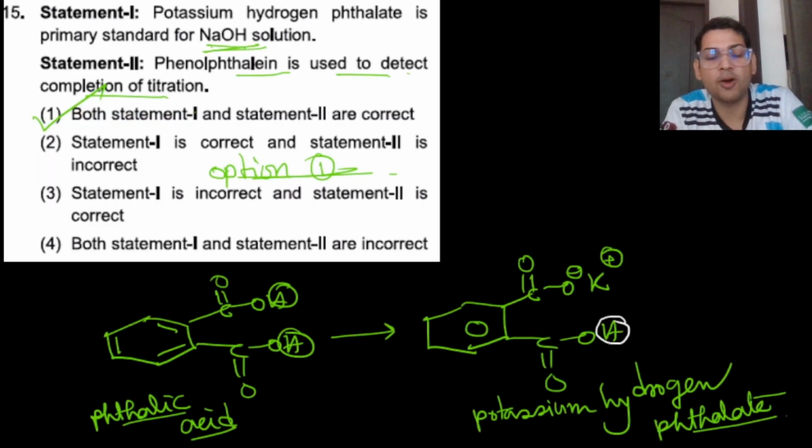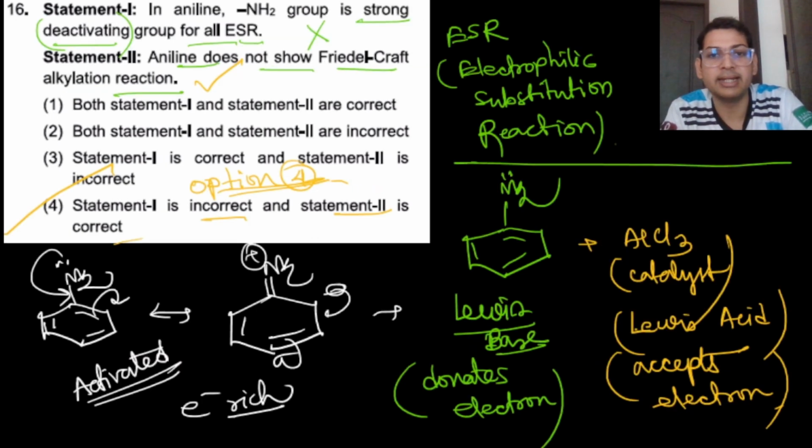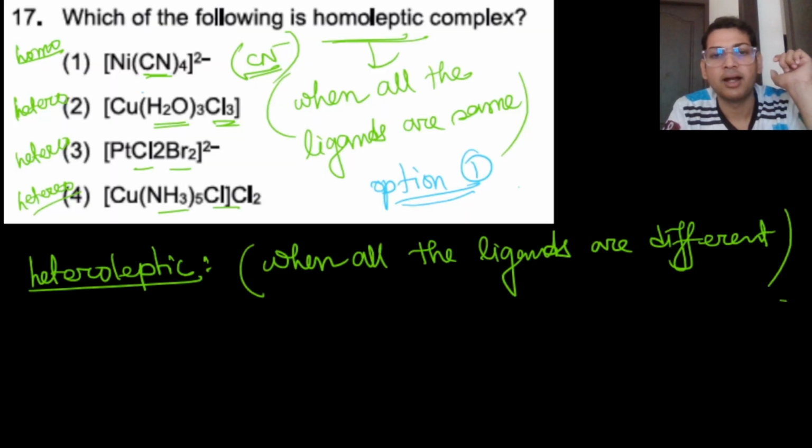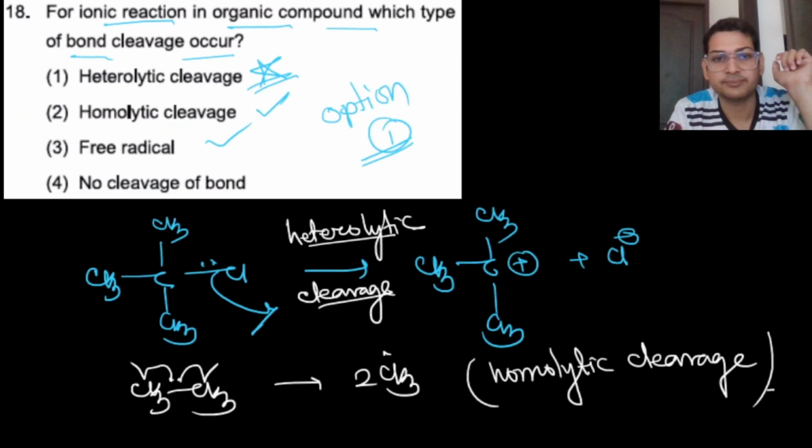Then acid base ionic equilibrium chapter, done. Then aniline chemistry and Friedel-Crafts reaction, that aniline does not participate in Friedel-Crafts. Nitrobenzene also does not participate in Friedel-Crafts, right? This is done. Then homoleptic heteroleptic from coordination complex, done.